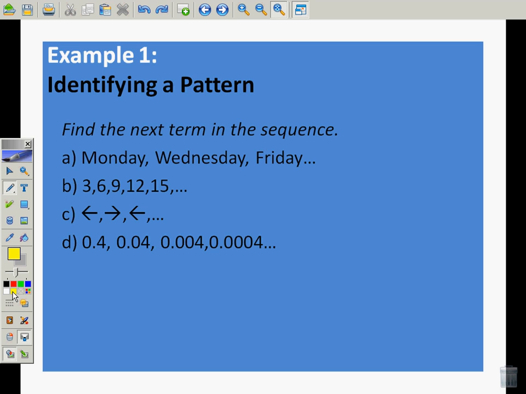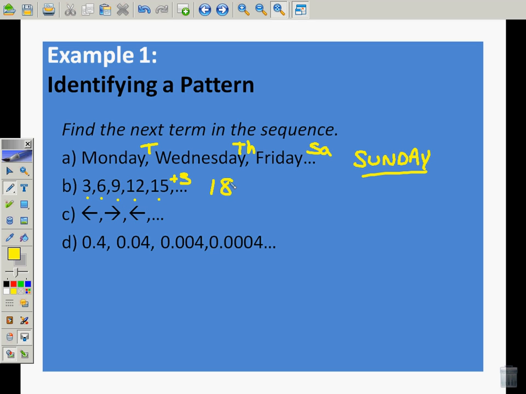We look at Monday, Wednesday, Friday. We notice that Tuesday and Thursday are missing. And so if we're going by the pattern of skipping a day, we're going to go on to Sunday as our next term in the sequence. Okay, so Sunday is our next term. If we look at what's going on here, we're going 3, 6, 9, 12, 15. So we're adding 3.